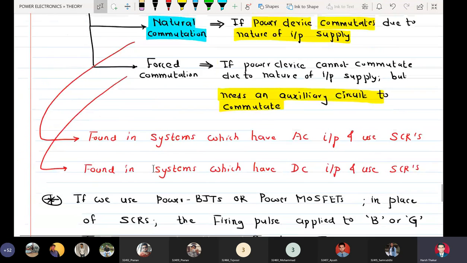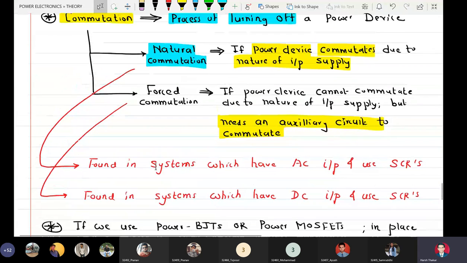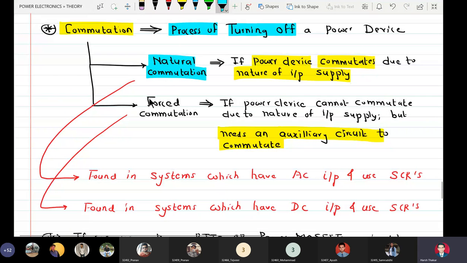Okay, so if you are using SCRs only, then this concept of natural commutation and forced commutation comes. Otherwise it doesn't come.